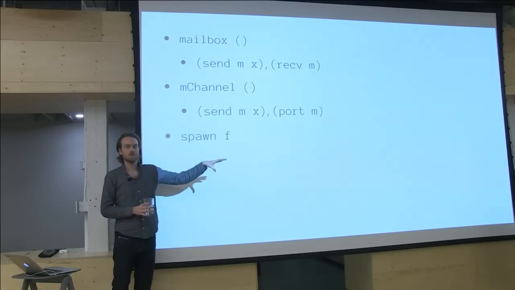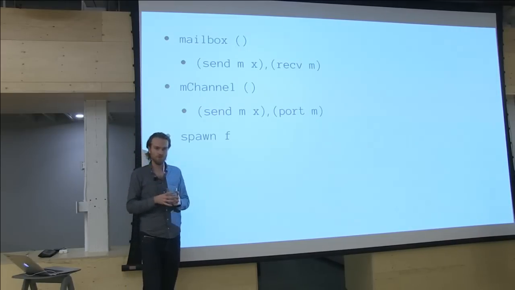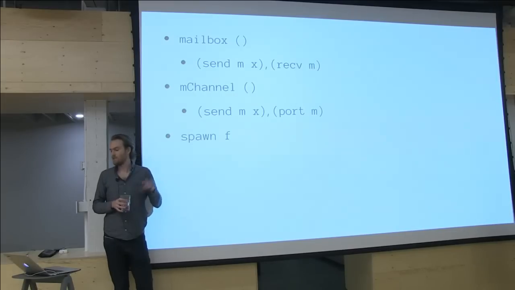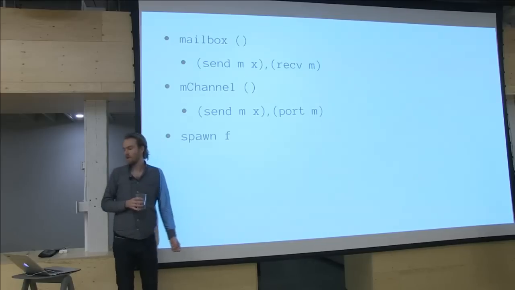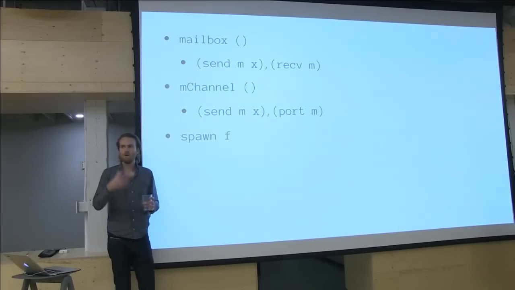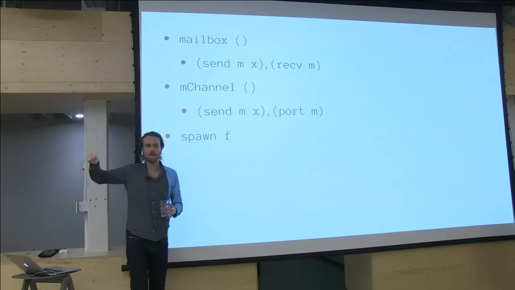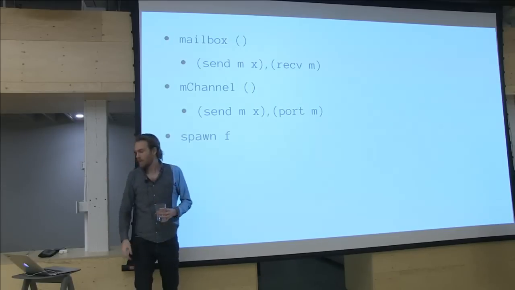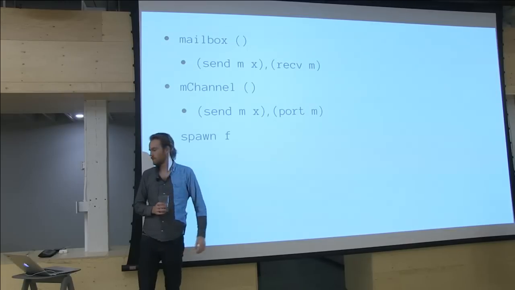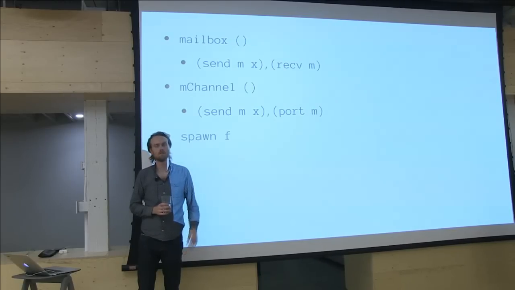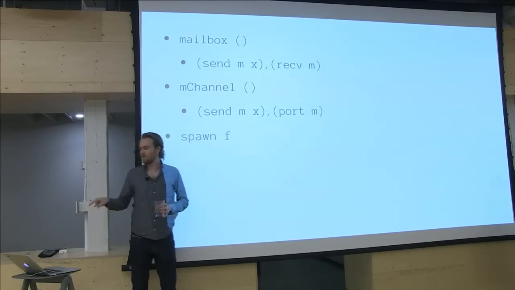In concurrent ML, they are actually unbounded buffered queues. You can put things on them with send, you can take things off of them with receive, and if you try to receive and there's nothing in the mailbox yet, then you wait for it. And if you try to send and there's nobody to take it, it's buffered, so you can always put something on it and not wait.